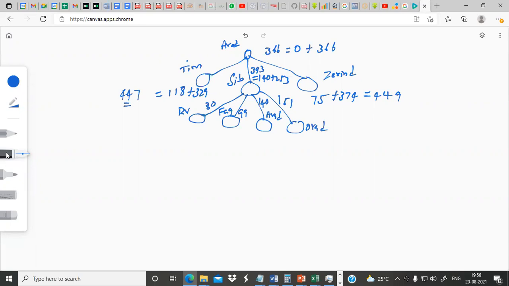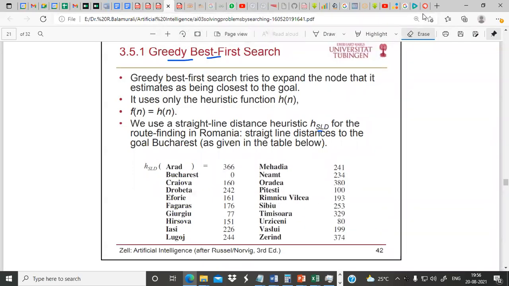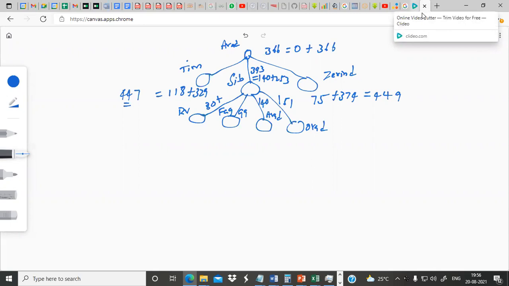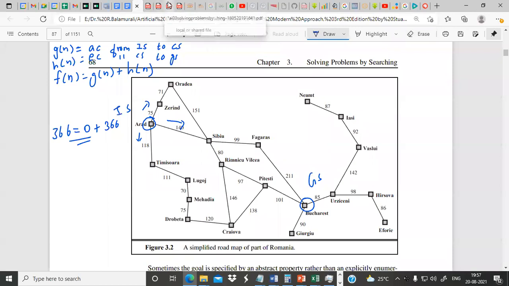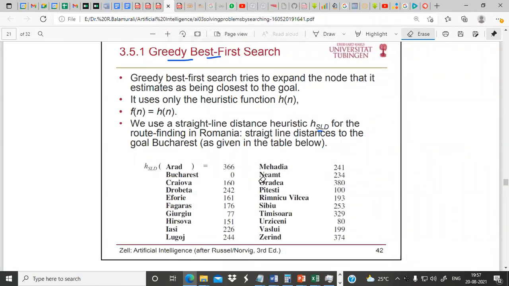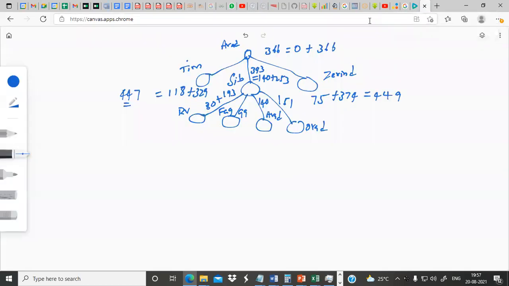So we know it is 80. What is the h of n? It is 80 plus, from Ruminsu CA, what is the estimated cost of reaching to Bucharest? It is 193. Okay. So it is 80 plus 193 here. And from Fagores, what is the estimated cost of reaching Bucharest? Yeah, 176.